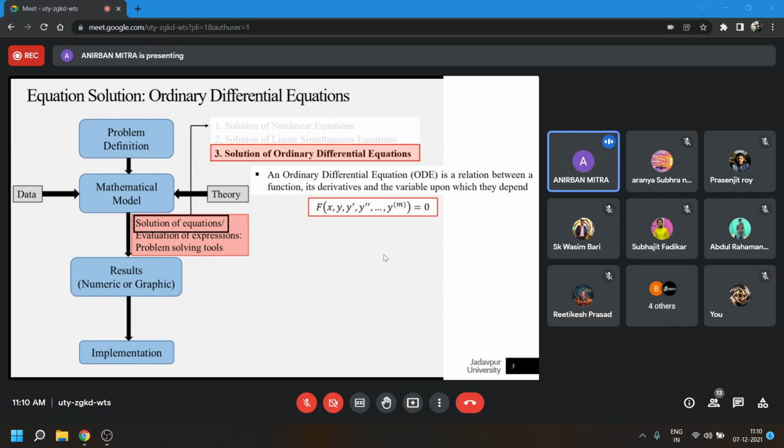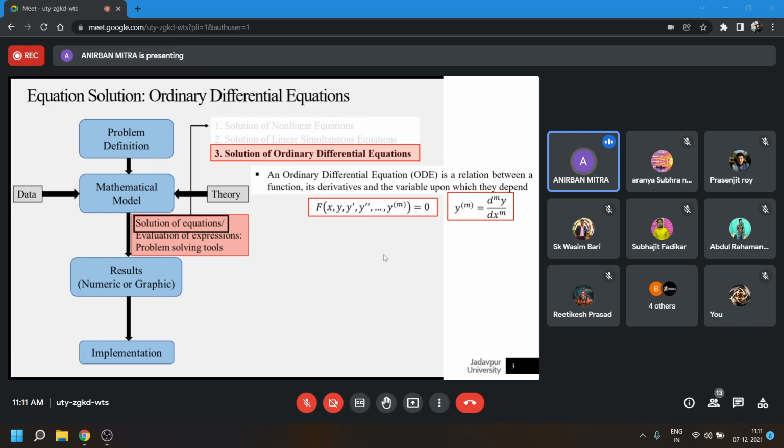Mathematically, it can be expressed like this. f is the function, and you can see that it depends on x, y, y dashed, y double dashed, going up to y^m. Here, m is not a power, but indicates m number of dashes, that is, the mth derivative. y dashed, of course, is the first derivative, represented as dy/dx. y double dash is d²y/dx², and so on, so y^m would be d^m y/dx^m.